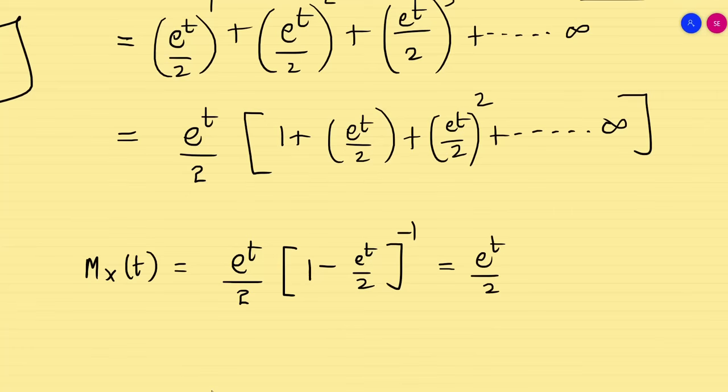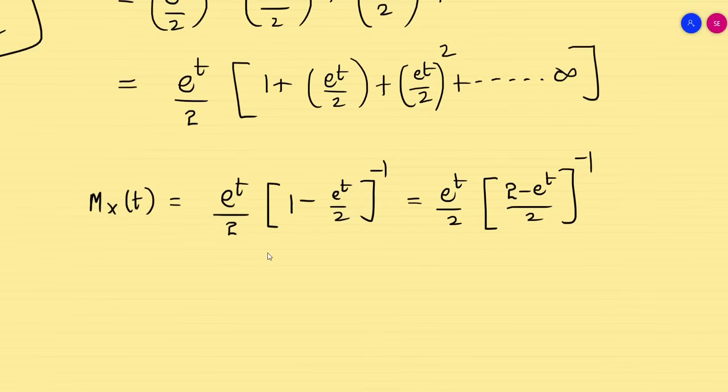So e power t by 2, when I take LCM, 2 minus e power t by 2, whole power minus 1. Now when I take the reciprocal, it's going to be e power t by 2 times 2 by 2 minus e power t.